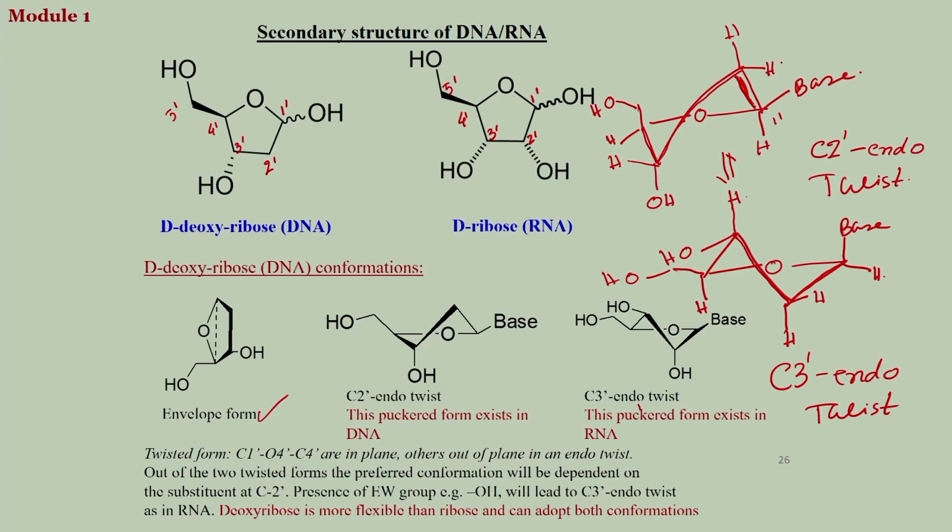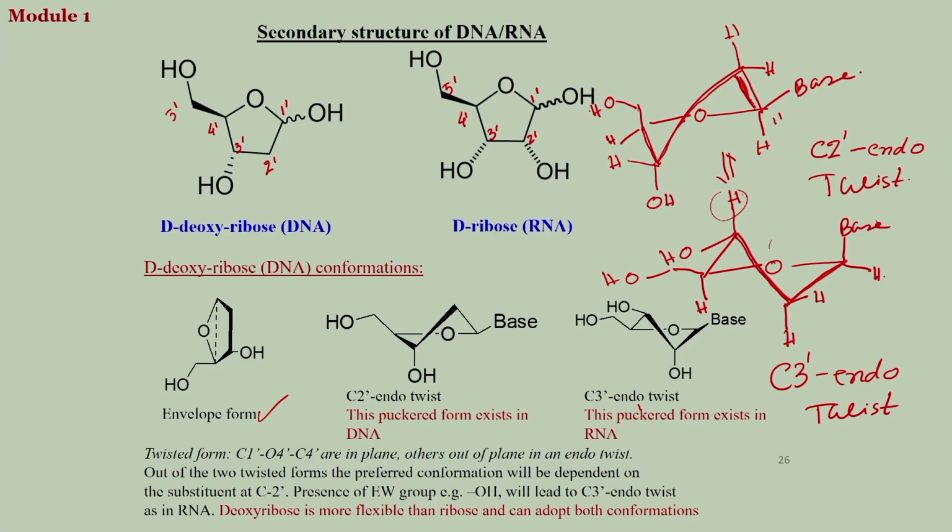In this case, if you consider the axial base, that has a lot of lone pair repulsion and steric crowding within the other group, within this and within this region also. So, that is the disfavorable part of it, and in this case the nucleobase is in the equatorial position, which suffers less interactions, less crowding and less repulsion.